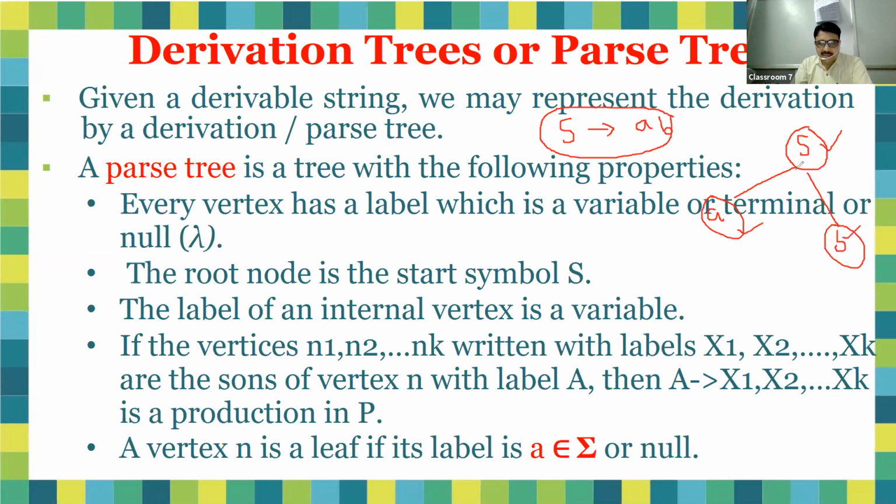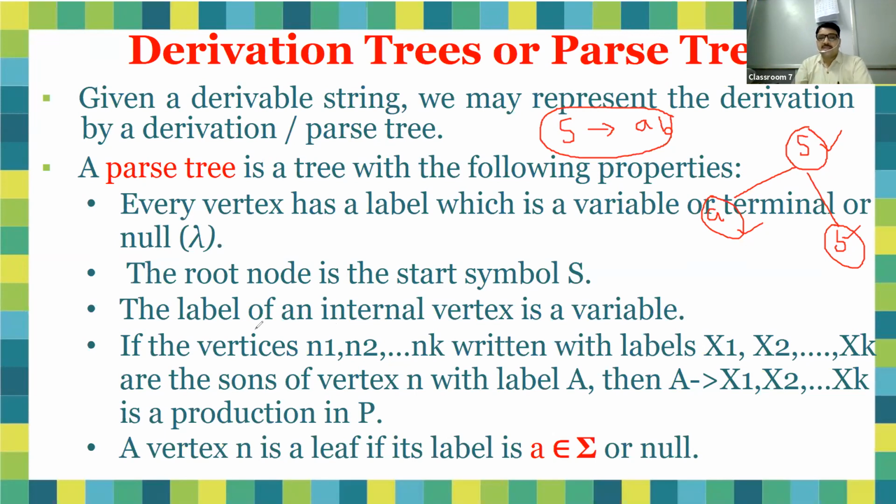S is broken into A and B, while A and B cannot be broken further, because A and B are terminals, right? And in each and every derivation tree or parse tree, it must be noted that the root node will be the start symbol S. Okay, do you understand this now?